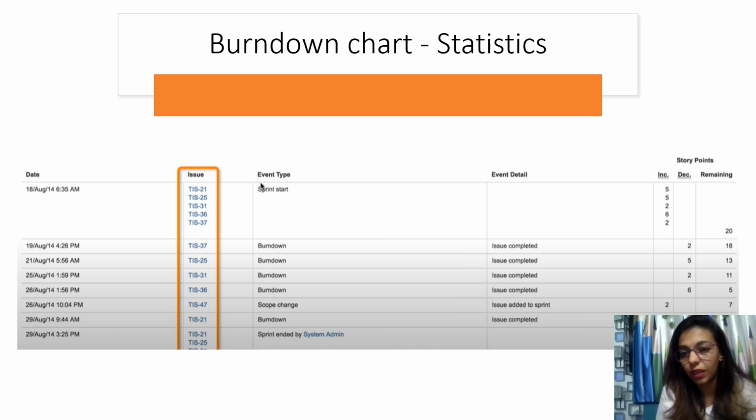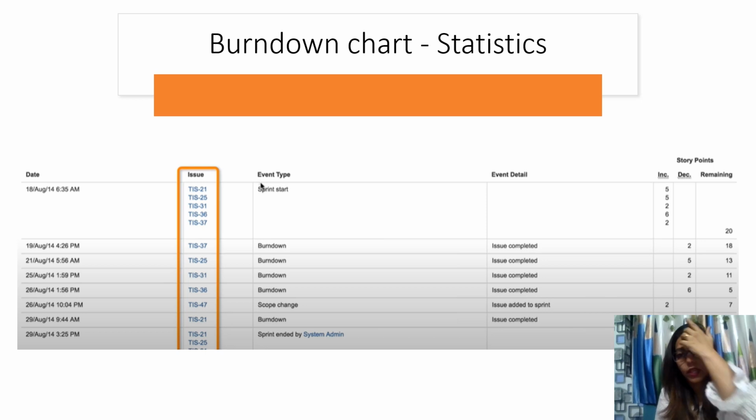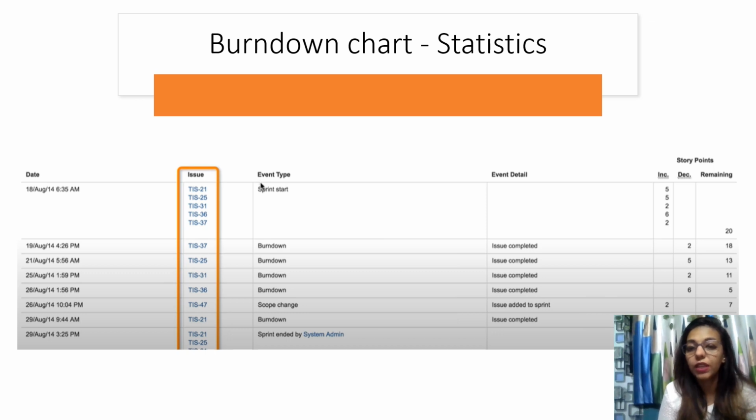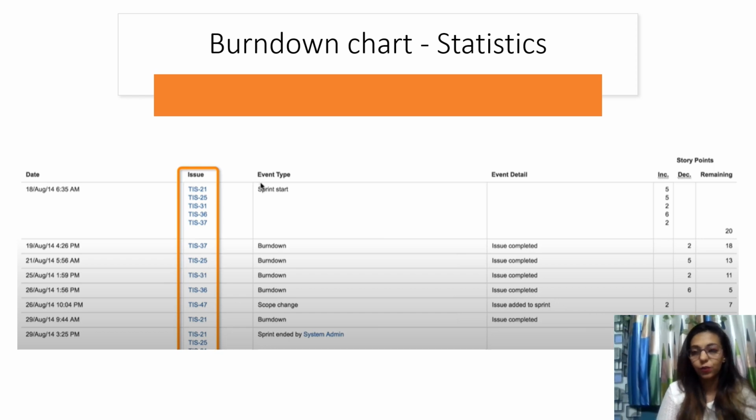Issues which are completed, we can put here. These are the completed ones, okay. So as it goes down, you can get the stats in that format. If something is newly added, we can also say it is newly added to the sprint, okay. So this is how the stats work.